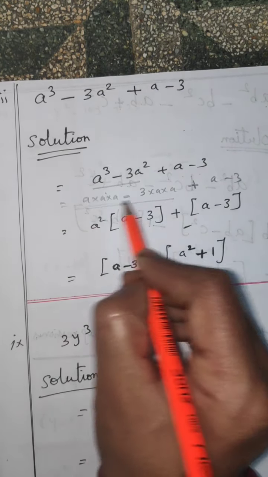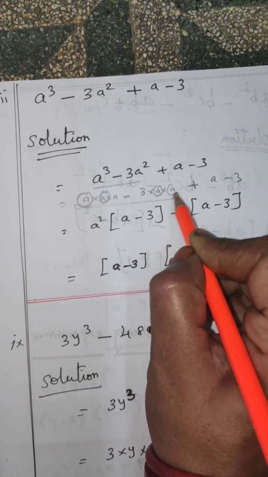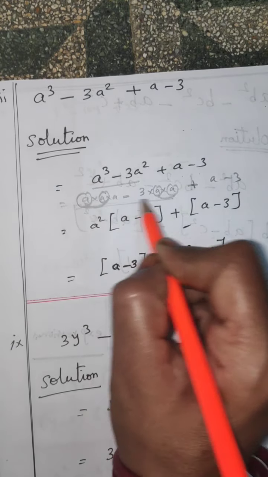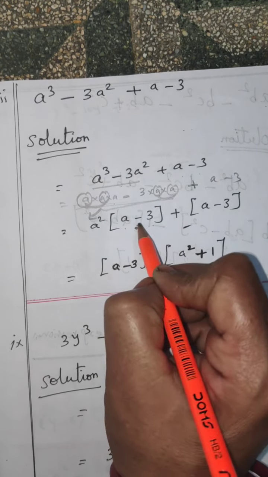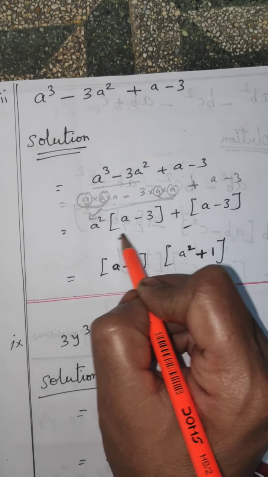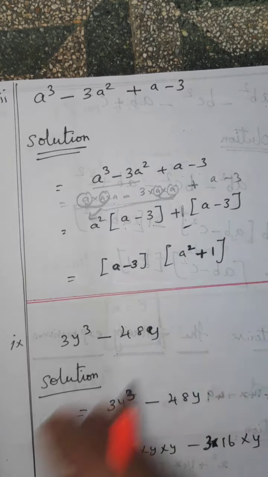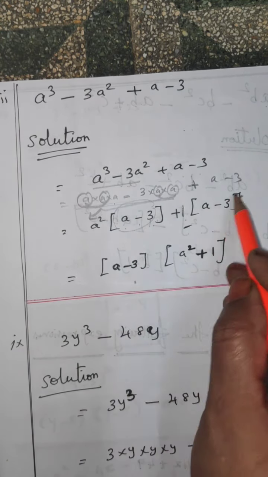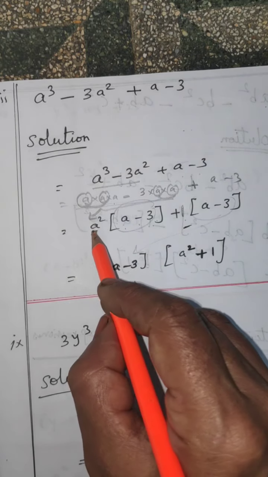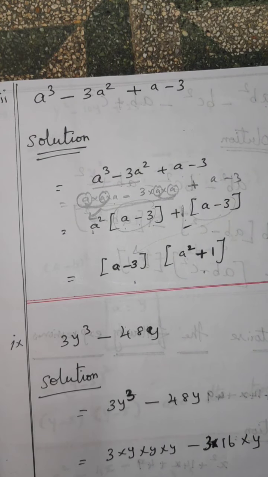First these two also see there: here a, a, here a. a into a equal to what? a squared. So a squared write outside. Which is not repeated? a minus 3 plus a minus 3. Now you compare here. Here any number also not there, what number do you write? 1 you write. a minus 3 write. First 2a minus 3, for you write 1 into (a minus 3). Next one is a squared plus 1. Write it in another bracket.